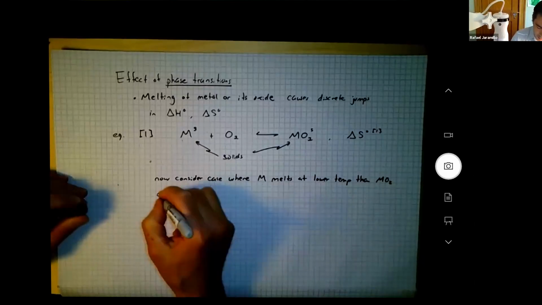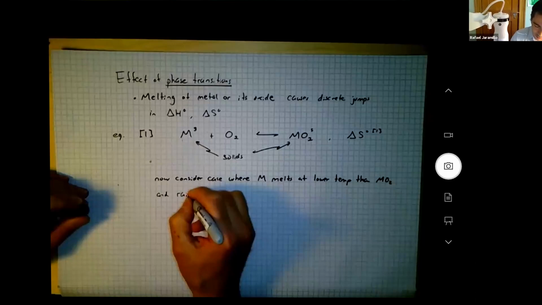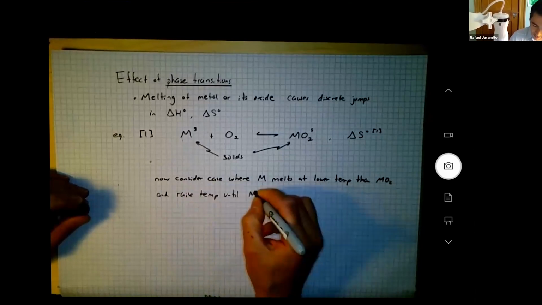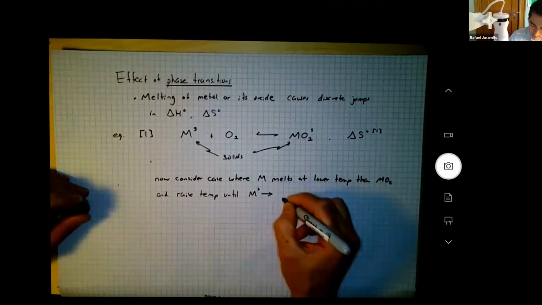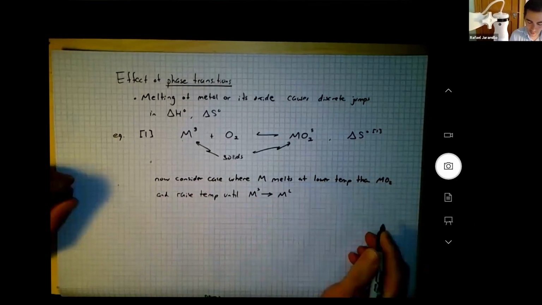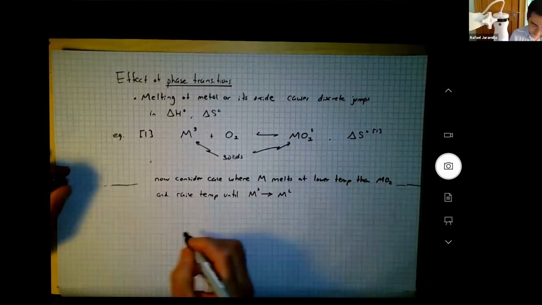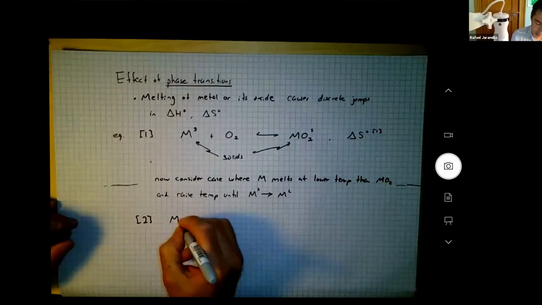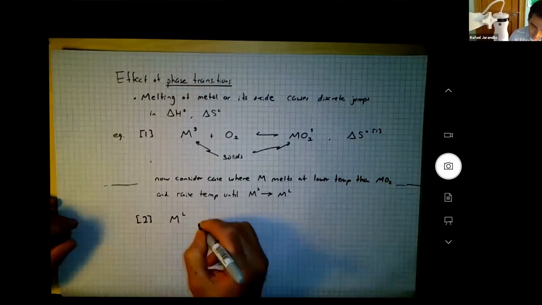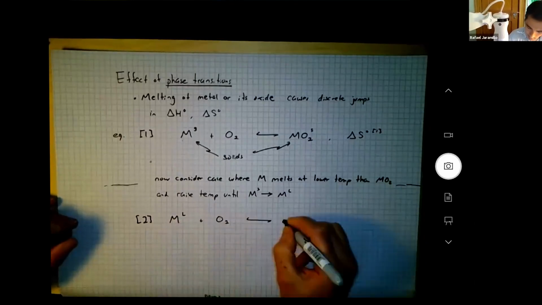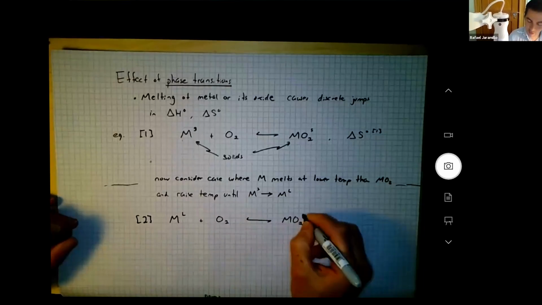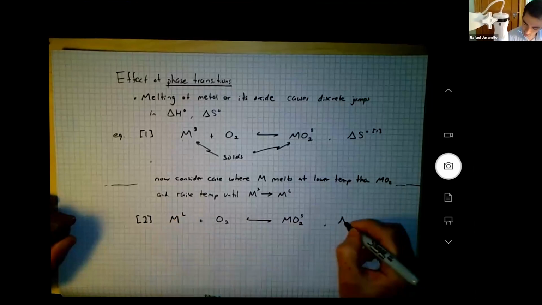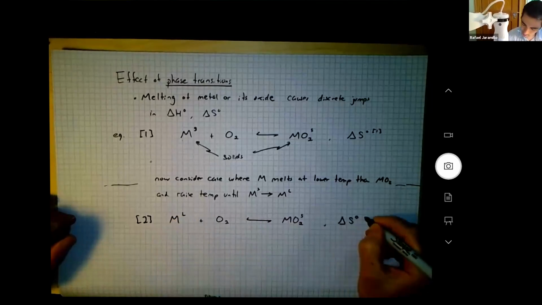And raise the temp until the metal solid becomes liquid metal. So that's what we're going to consider. And now we're going to consider the oxidation again, except now we're oxidizing liquid metal. So the oxide is still solid, but the metal is now liquid. And we'll call this reaction to have delta S naught 2.